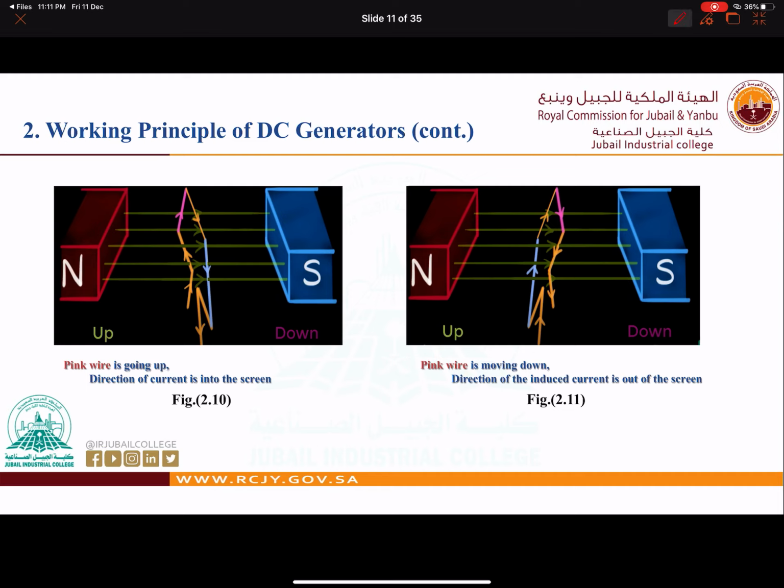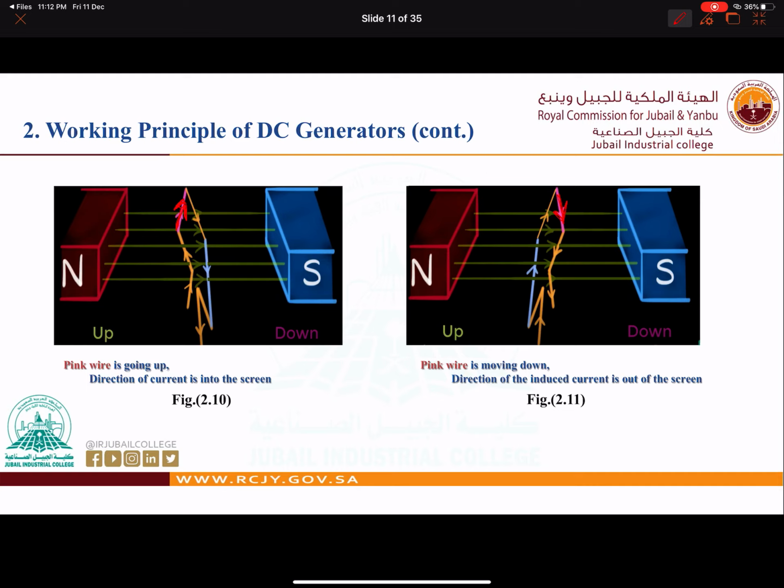Here the direction of the current for the pink wire is like this. Now the pink wire is in the other direction. Why is that? Because once we reach 180 degrees, the direction of the current is going to be reversed, so it will go the other way around.